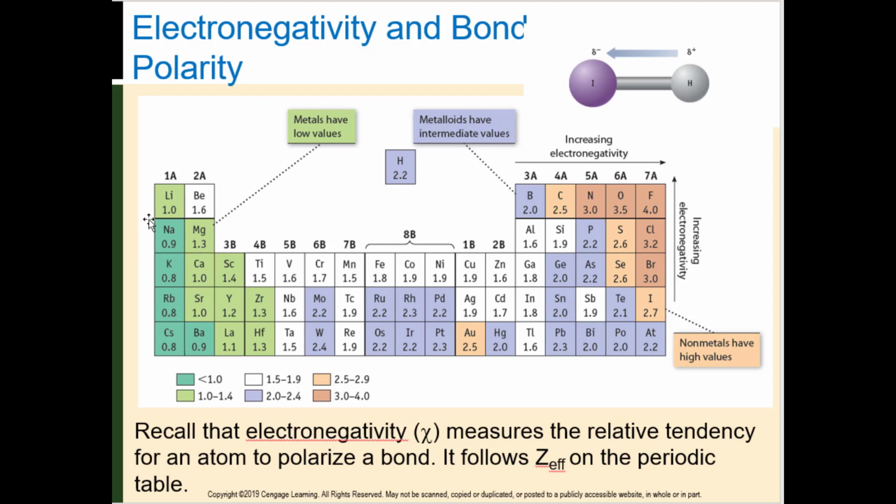We know that these guys would rather give up their electrons, not gain more electrons. So they have low electronegativity over here. The metalloids have intermediate and these nonmetals have high. And we're going to come back to this to show how we would show electronegativity differences.